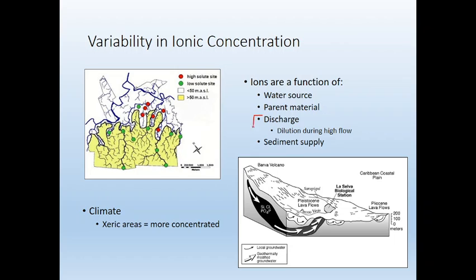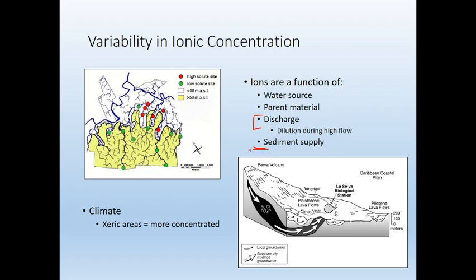But this is also dependent on discharge, right? If there's a bunch of rain going on, there'll be faster flow, and the ions that can diffuse from the sediments will dilute the water. And then there's also the factor of sediment supply, how much sediment is able to be moved down with the stream.